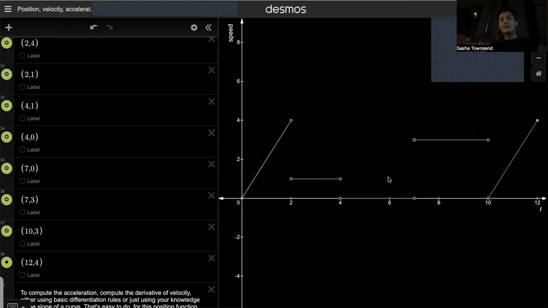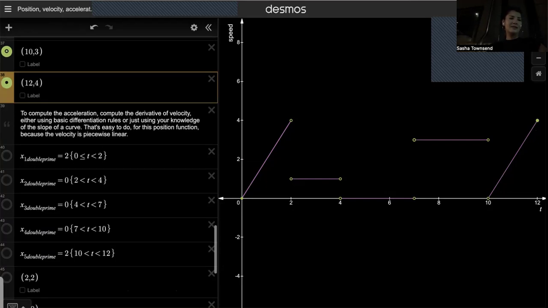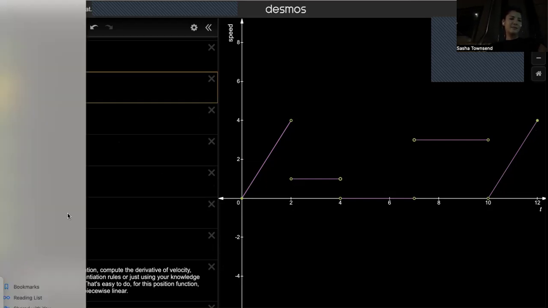And then acceleration is the derivative of this. These are all horizontal line segments, so we're going to have 0 acceleration here, here, and here. And then on this piece, the equation was just 2t, so its derivative is 2. And on this piece, the derivative is also 2. It's easier to see if we get rid of all these points.